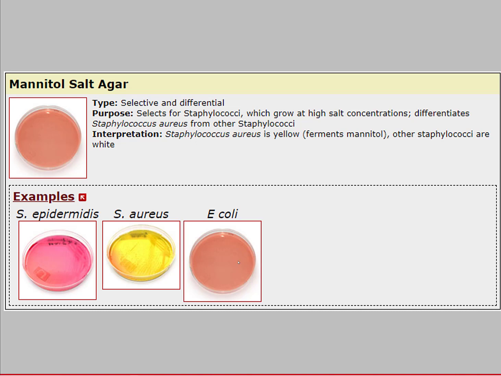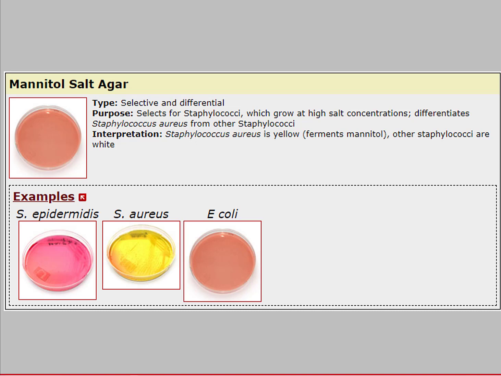And then the differential nature is like in this one, we have a pH indicator, and in an acid environment it turns yellow, or in alkaline it starts to get red. And so you can see right here in this one example, selective and differential, and how powerful that is.